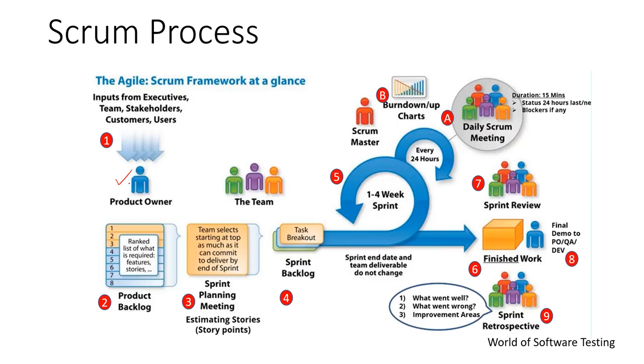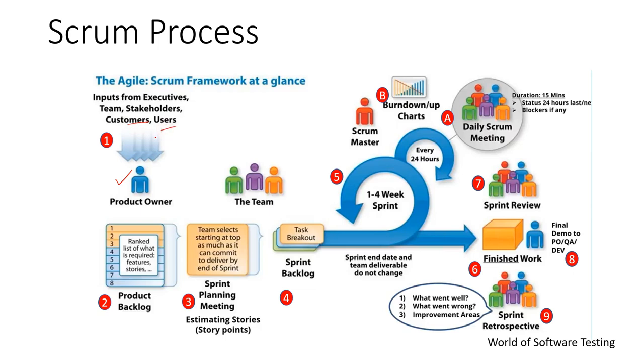Okay, so the product owner is the one who is the face to the client, and is always interacting with the stakeholders. The product owner takes the inputs in terms of stakeholder requirements or expectations from the stakeholders, executives, then the team, and then the customer users.